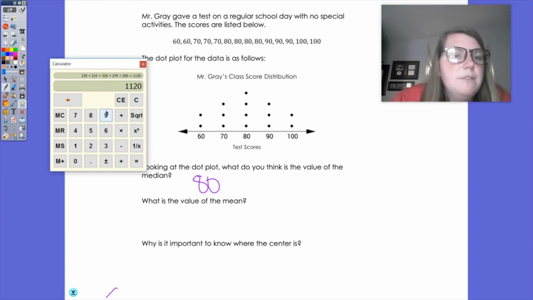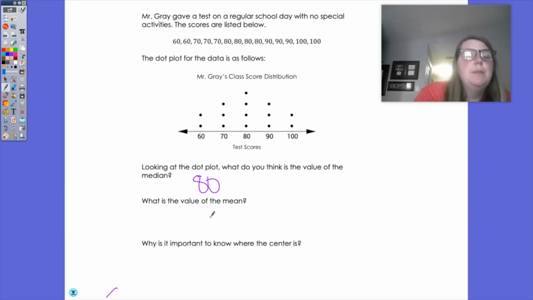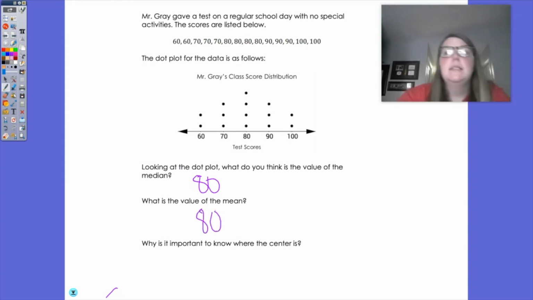And I want to divide that by my 14 data points. 1120 divided by 14 is also 80. So the mean here is going to be the same as the median.